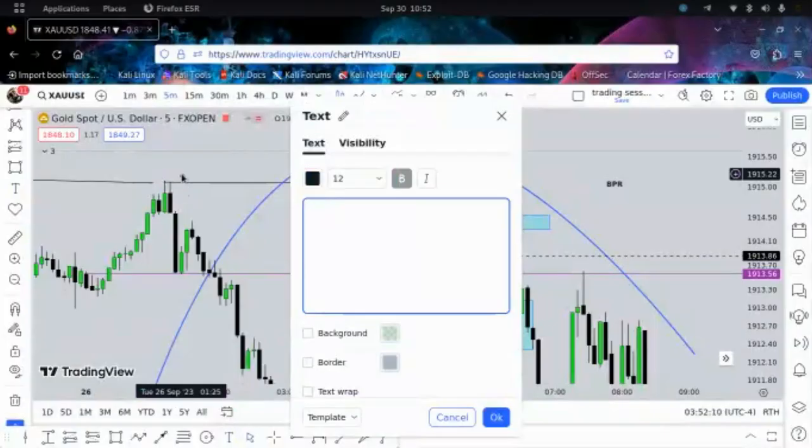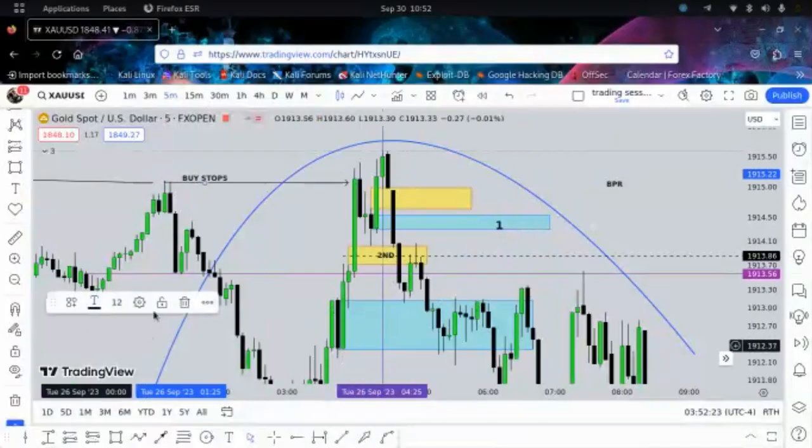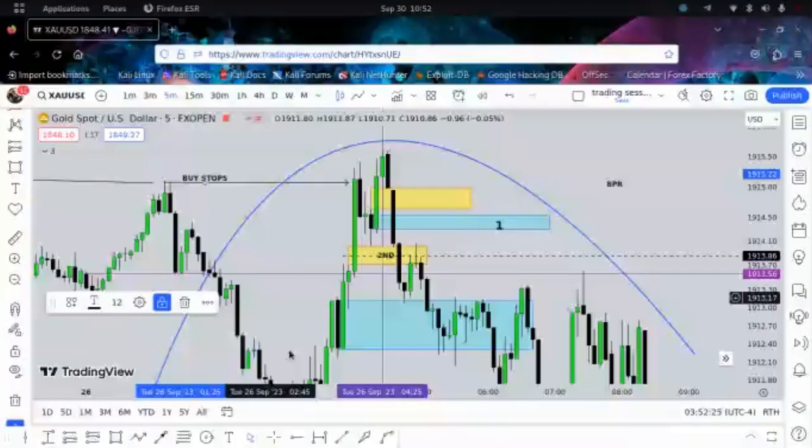So these are already buy stops. Price has already done what? Run on buy stops. It has raided these buy stops. So price has no reason to come back to this zone.